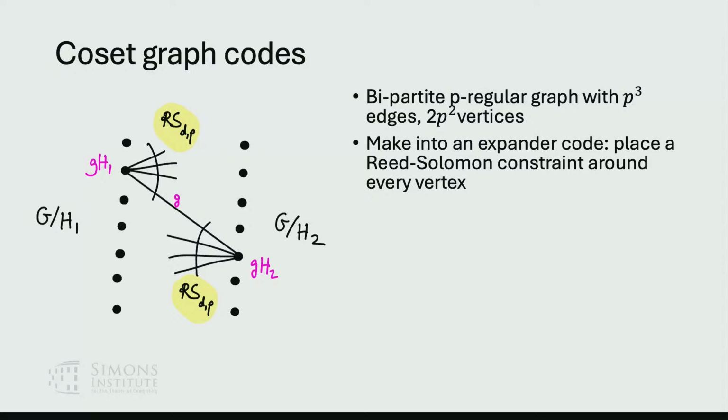How will we make it into a code? We want to introduce Reed-Solomon constraints around every vertex. Just an expander code. Now, sometimes we ignore this issue, but it's always there. When you define an expander code, it's not enough to say the local view needs to be in some local code. You also need to order the edges somehow. You need to tell me how to order it. And here I'm not going to do some arbitrary ordering because it won't be in my favor.